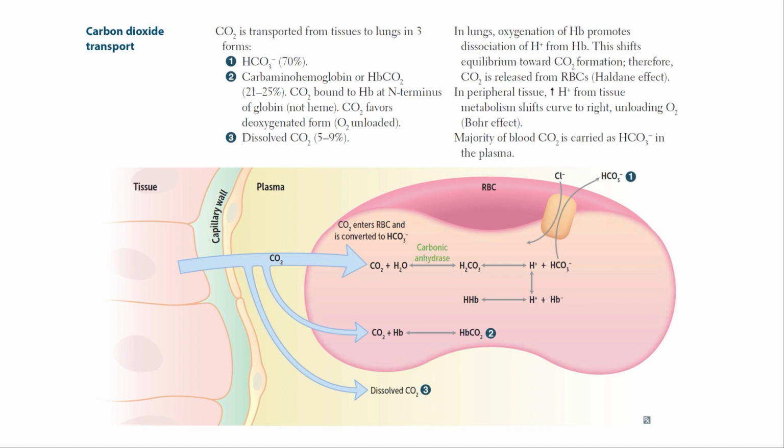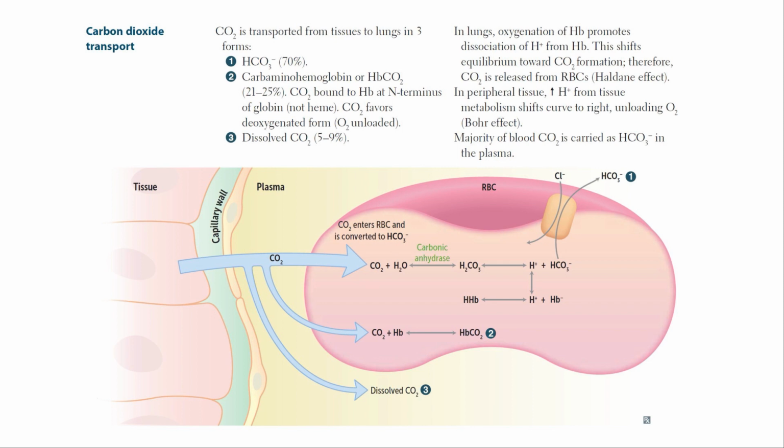And then the opposite effect is the Bohr effect, where the acidic blood around your metabolically active tissues reduces the hemoglobin, which actually causes oxygen to be unloaded.